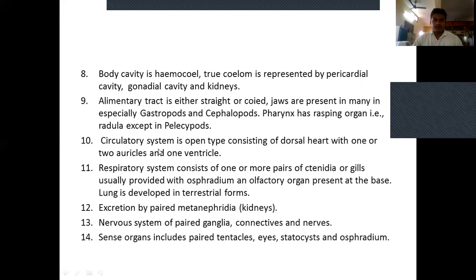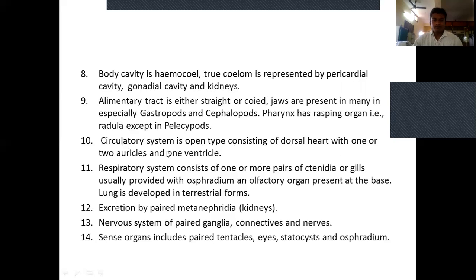Next character is circulatory system is open type, consisting of dorsal heart with one or two auricles and one ventricle. Few of the mollusks bear one or two auricles with one ventricle in the heart.